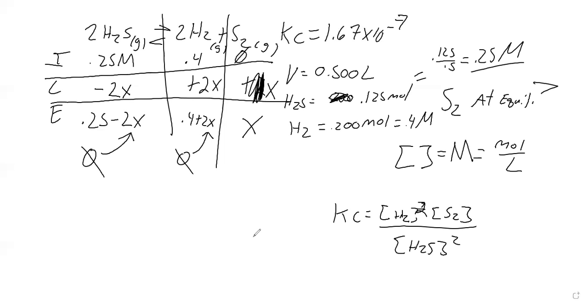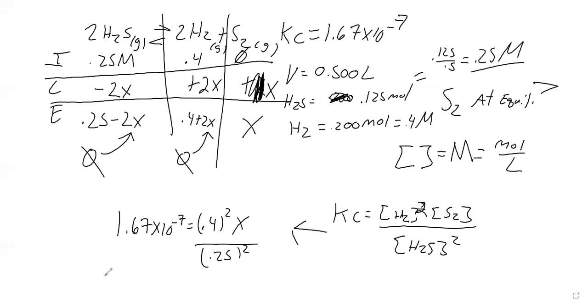So let's plug in our Kc, our numbers, right? So Kc is 1.67 times 10 to the minus 7. That equals [H2] squared, which is just 0.4 squared because of our assumption, multiplied by [S2], which is x, divided by [H2S] squared, so 0.25 squared, right? And so here I want to solve for x.